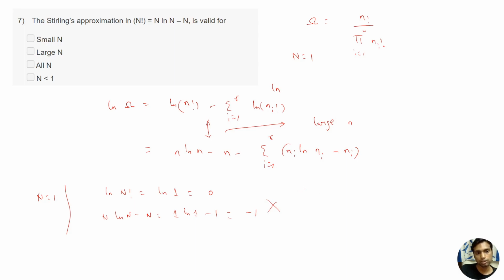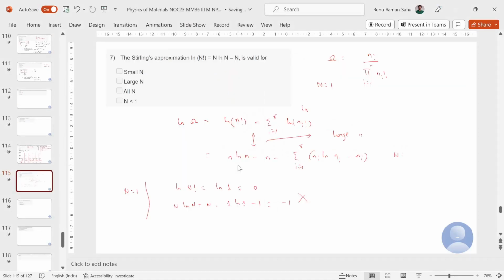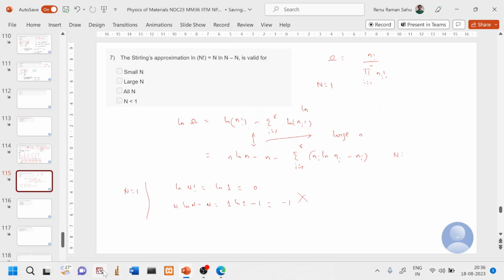Small n means it can be 1, 2, 3, anything, right? What it wants to say is, I'll just show you quickly.